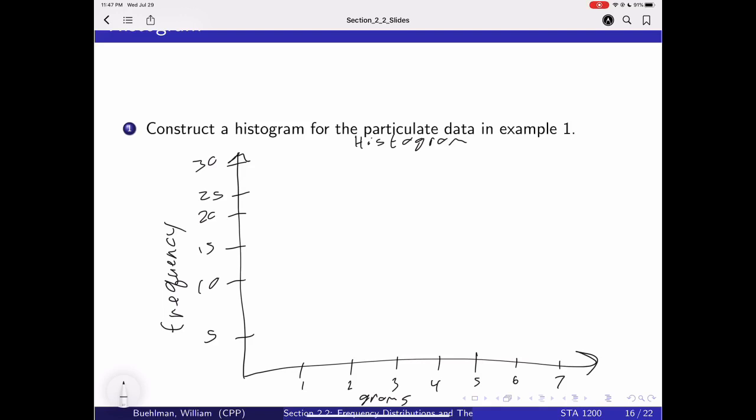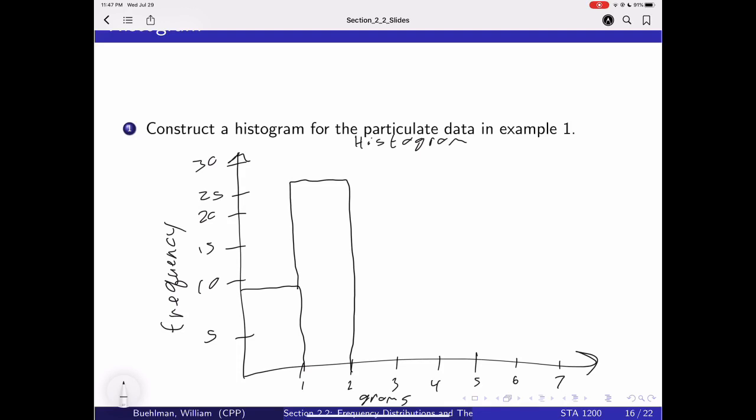So our frequency was 9. So you see how we butted up right next to 1. And then for the second class, from 1 to 1.99 was 26. So we're going to start from 1, go up here, and it's going to touch 2. So you notice there's no space in between them.